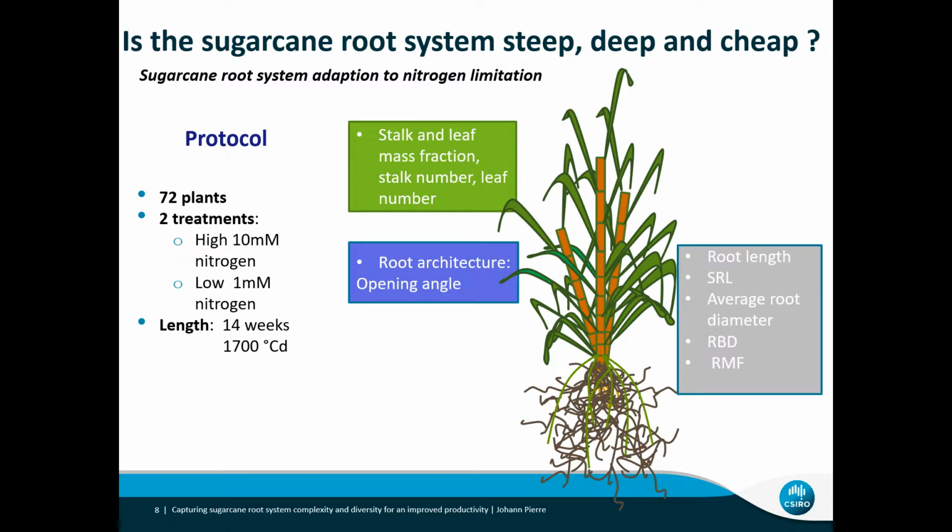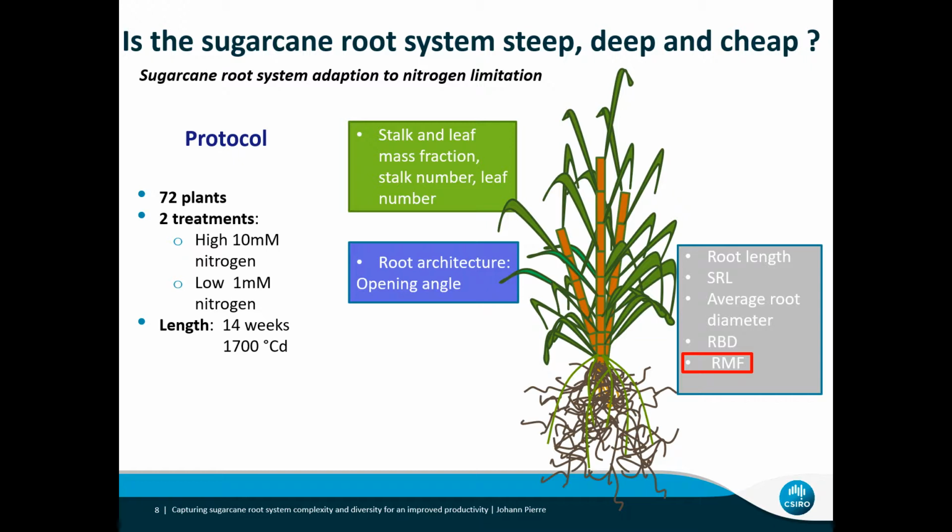For this experiment, plants were cultivated for 14 weeks, and half of the plants were treated with high nitrogen and the other half with low nitrogen. I won't go too much into the detail of the general results, but first we observed that the low nitrogen plants had a higher root mass fraction, and this was expected.